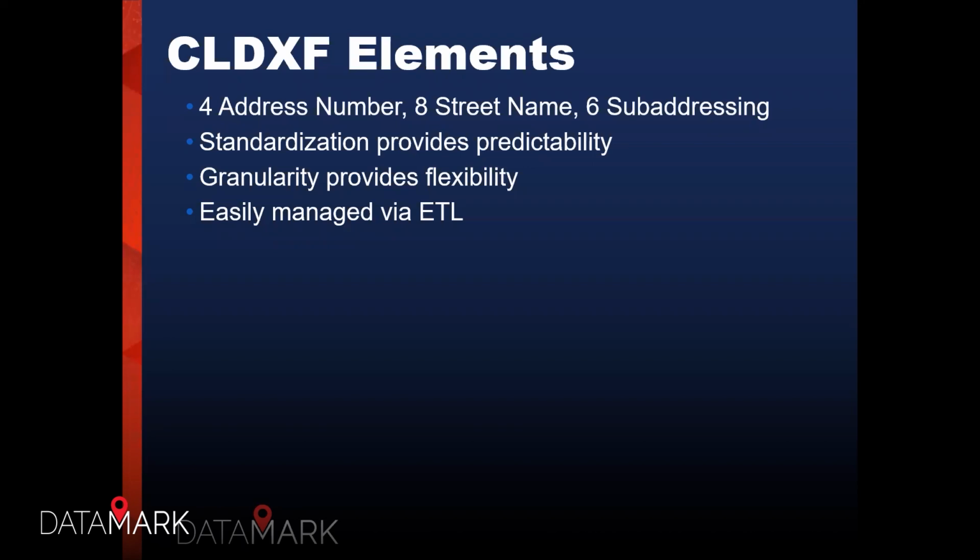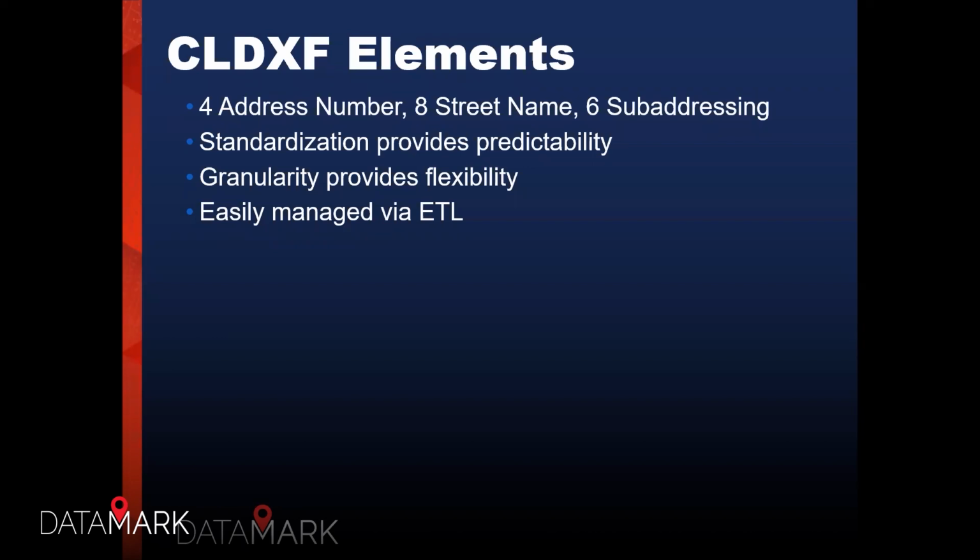And then I just want to point out on this slide that the granularity of these additional elements provides flexibility. All of a sudden, you have different ways to concatenate names back together for different systems via things like ETLs, or extract, transform, and load scripts, that allow you to do way more than you could before.